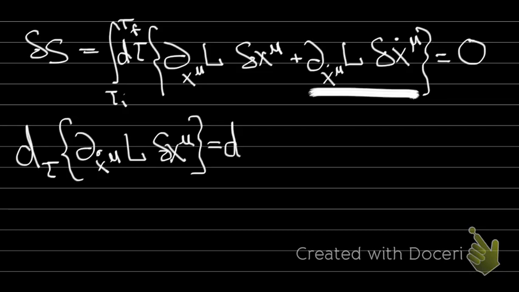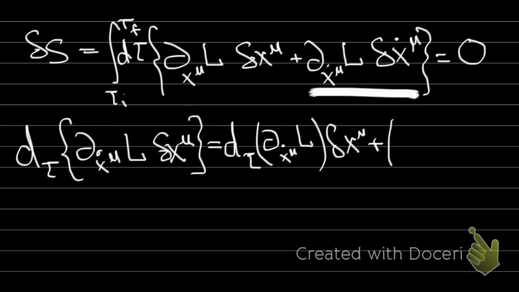Well, we get the total proper time derivative of the partial derivative with respect to x dot^mu of my Lagrangian multiplied by delta x^mu, plus this term over here. So what is that? That is simply the partial derivative with respect to x dot^mu of my Lagrangian times delta x dot^mu.